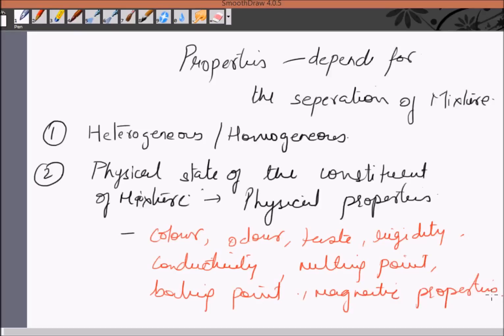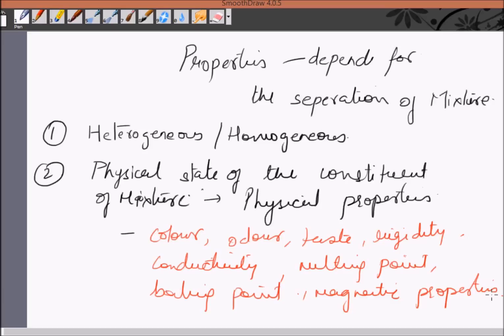So these are the physical properties of the constituents of the mixture which have to be taken into account when we want to separate the mixture, that is, when we want to separate the constituent particles of a mixture.